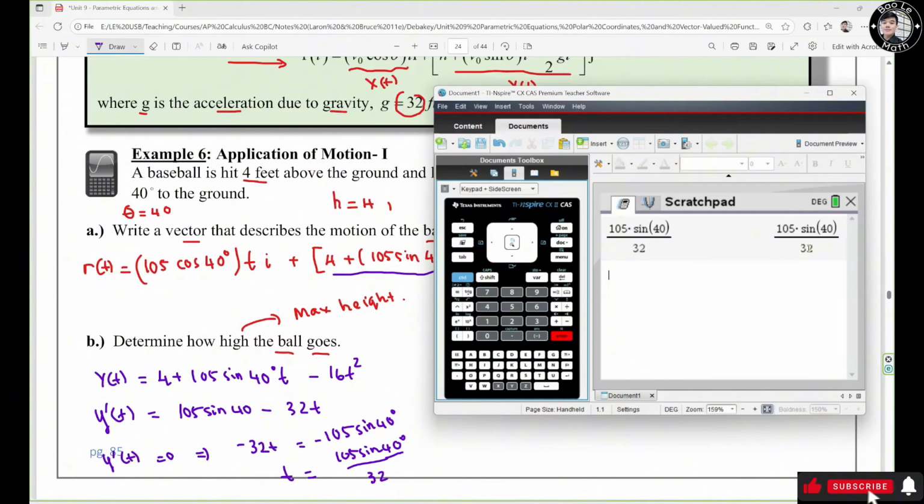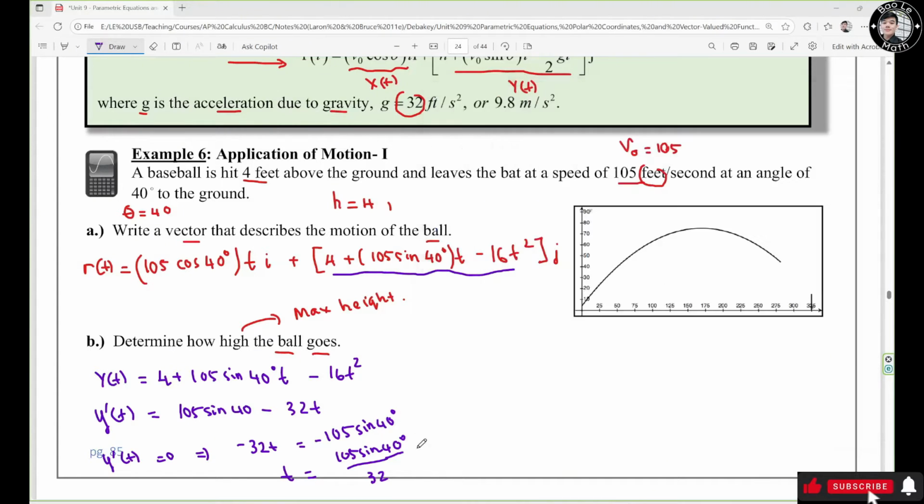Then you need to convert this one to decimal, so press Control equals right here. It's going to give you 2.109. Don't forget to include the units, so it's seconds.